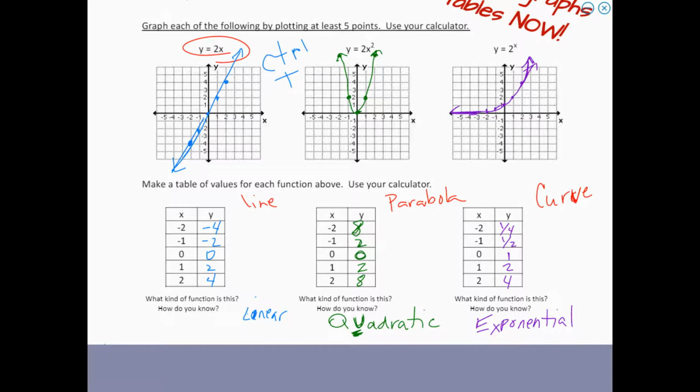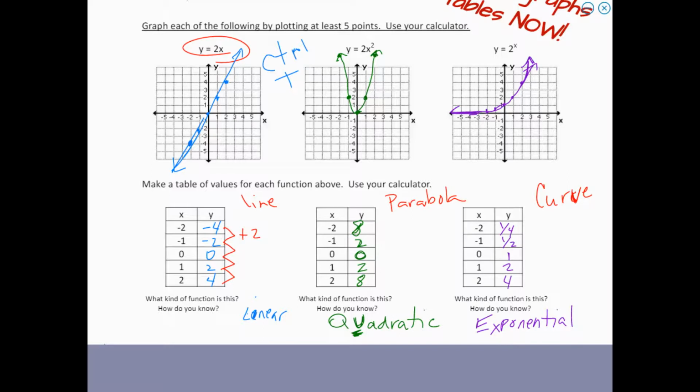The other way to tell is if you have a table and you don't want to graph it, but you're given a table, how does it change on my y side? So I'm going up by 1 over here on my x side. So what happens to go from -4 to -2? I added 2.